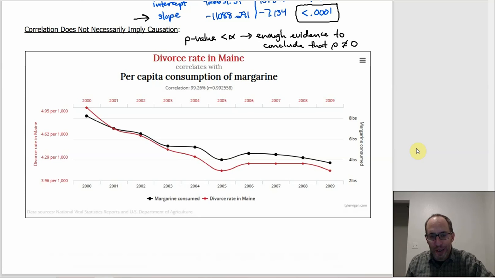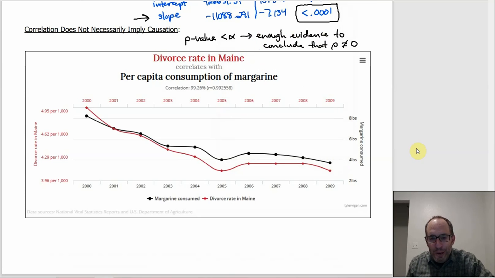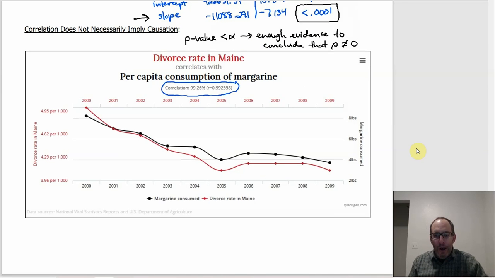Oh, I forgot this is actually on here. It's not very big, but if you can read it, right here it says what the correlation is. The correlation is really, really high. It's 0.9926. So if you did the hypothesis test, like if you had the actual data and ran it in StatCrunch, you're going to get p-value less than 0.0001 for sure.